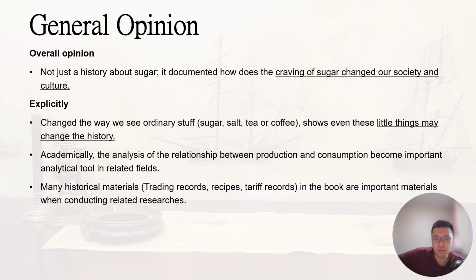But the book shows that even these little things can change the course of history. And academically, the analysis of the relationship between production and consumption has become a very important analytical tool in related fields. Also, many historical materials like trading records, recipes, tariff records, and slave records mentioned in the book are important materials when conducting related research.